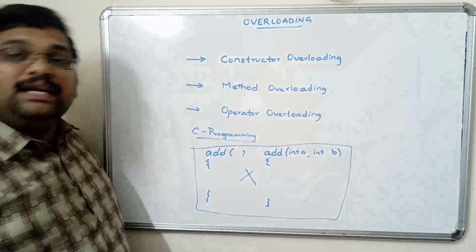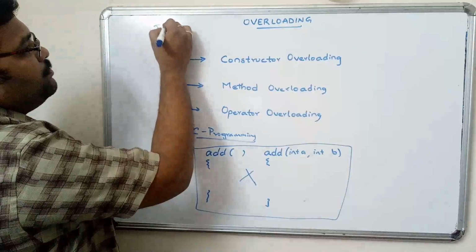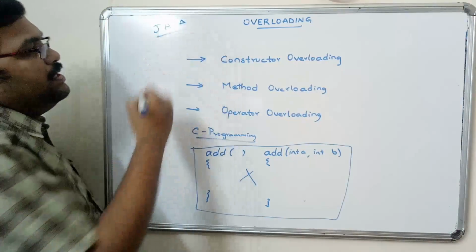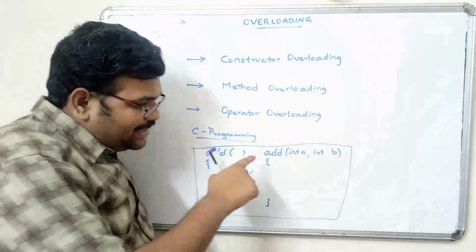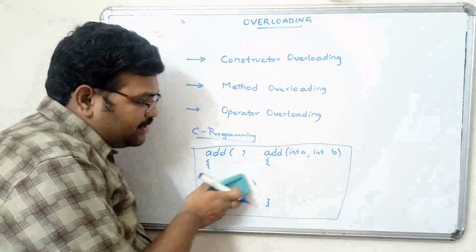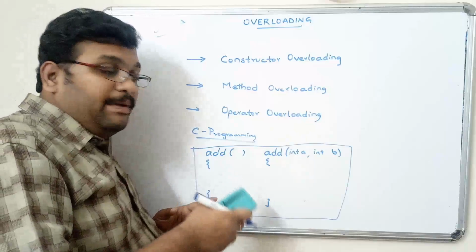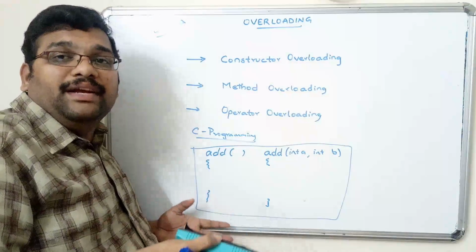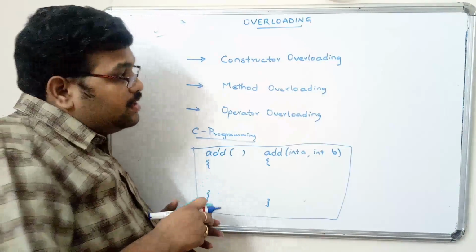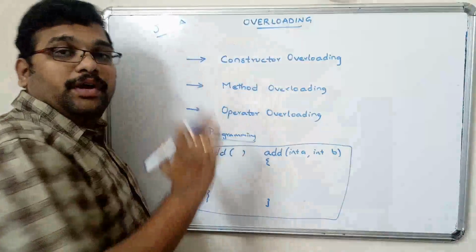Whereas coming to Java programming, this type of concept is supported. This type of concept, that means implementing the same thing in different ways. Right? So that we call overloading.